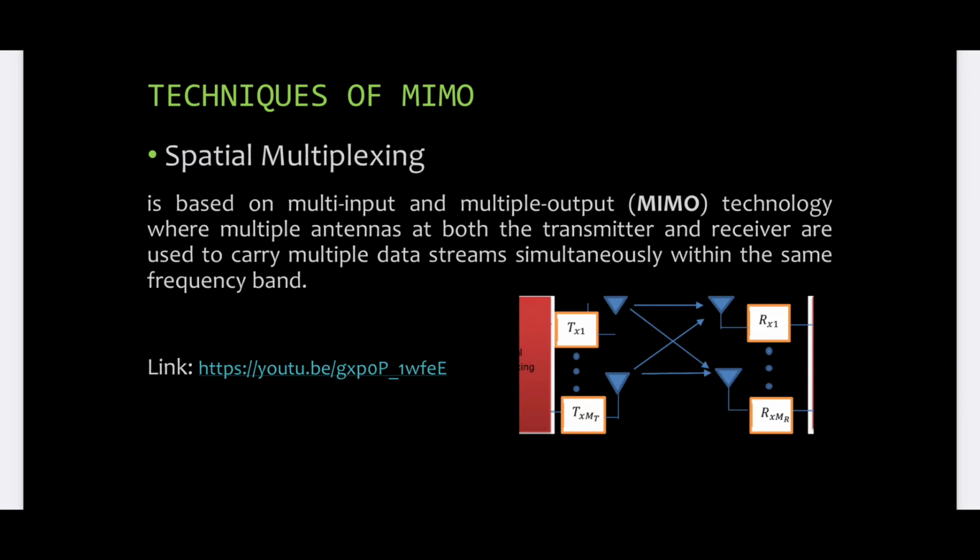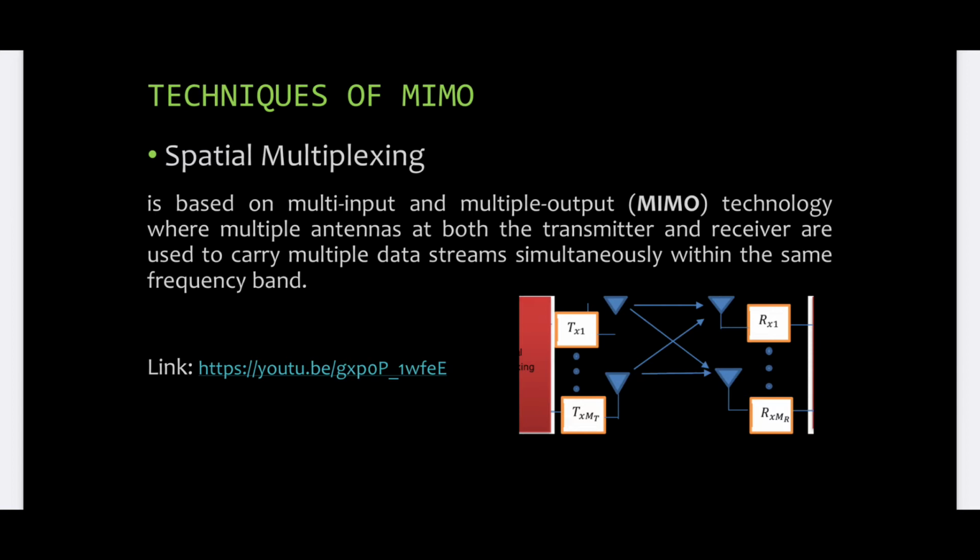Therefore, our MIMO technique of spatial multiplexing enables a MIMO transmitter-receiver pair to increase its throughput without increasing bandwidth usage or transmit power. Multiplexing increases throughput linearly with the number of transmit or receive antennas, whichever is lower.